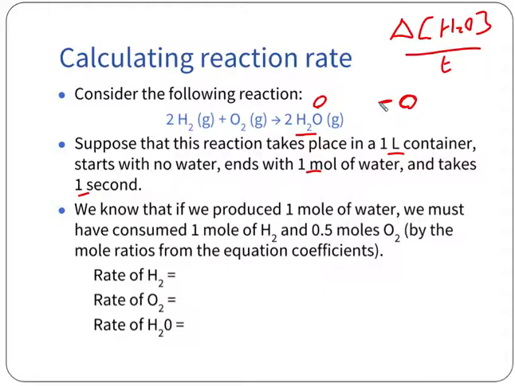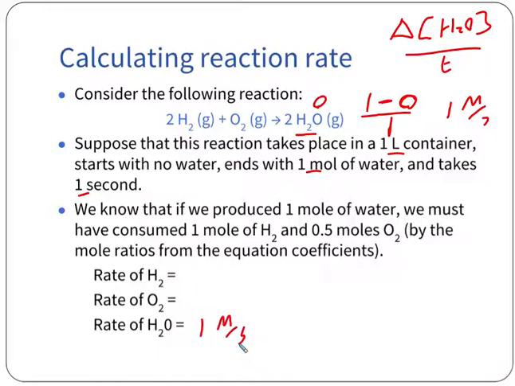The final concentration of the water is 1 mole over 1 liter, so it's just 1, then divided by 1. That means our reaction rate for the water is just going to be 1 molar per second, because it's a change of 1 mole in 1 second in 1 liter. The number of moles is the same as the concentration because it's in a 1-liter container. So our rate of H2O is just going to be 1 molar per second.